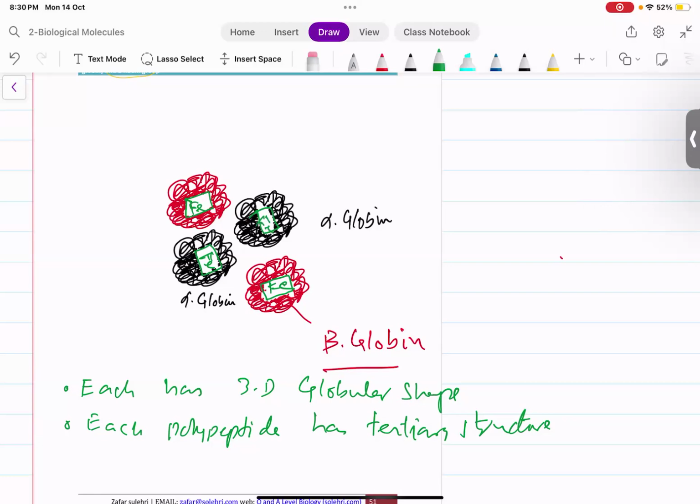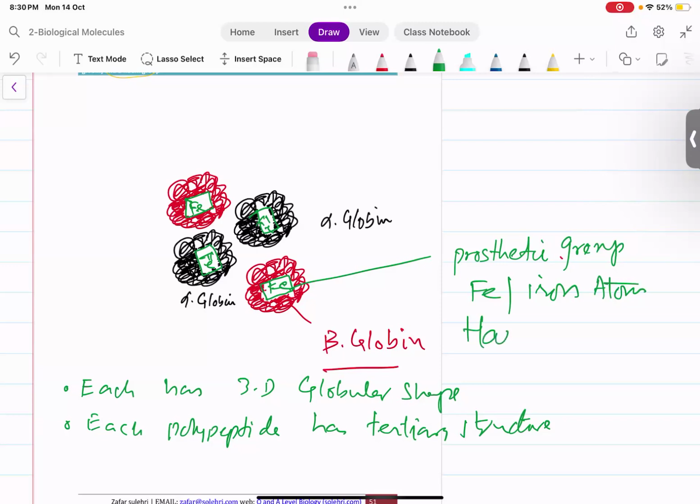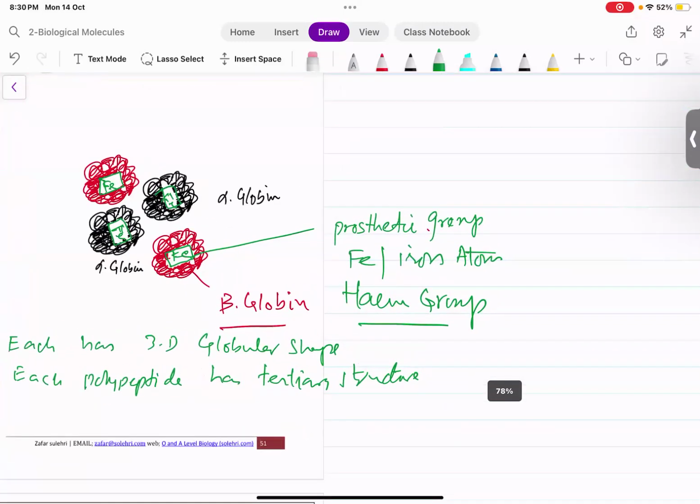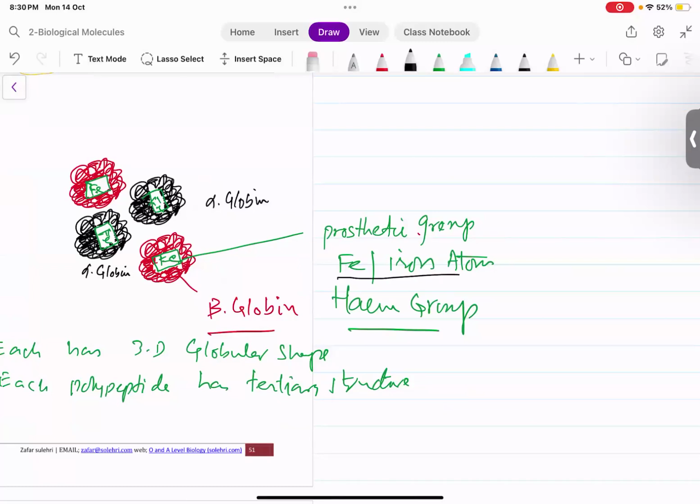Okay, so this is a prosthetic group. It has an Fe or iron atom there. So that's also known as a heme group. And an oxygen molecule can bind with this iron atom by cooperative bonding.